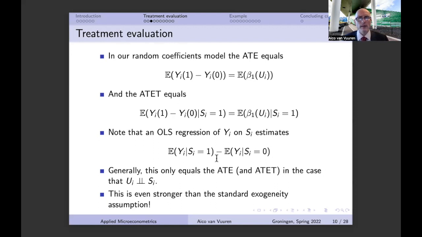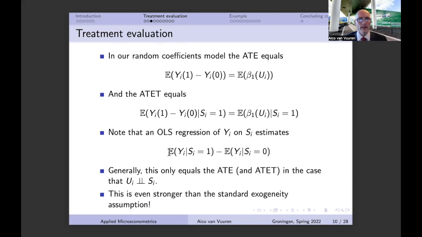Now a question arises: based on these two things that we have over here, could we actually estimate them using ordinary least squares? Could we just run a regression by ordinary least squares and estimate these things, or at least one of them? Then we have to look at what ordinary least squares actually estimates in this case.